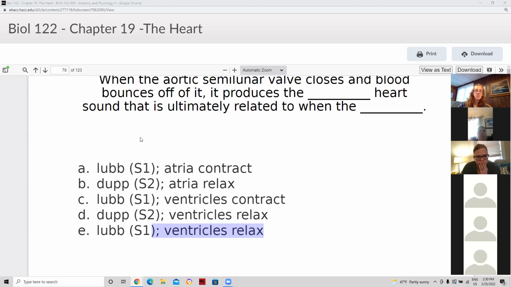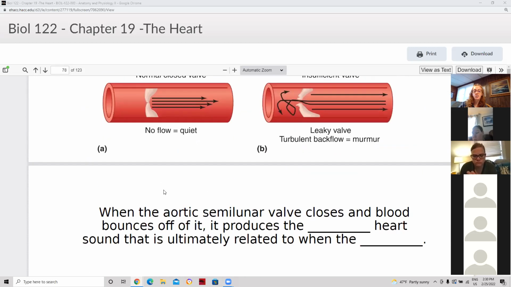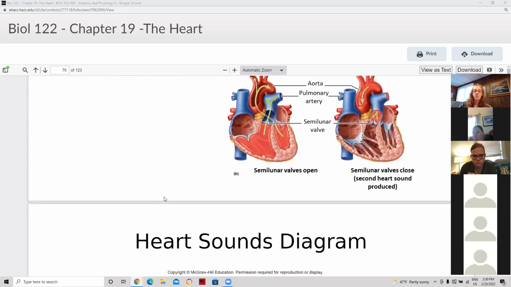So when the aortic semilunar valve closes and blood bounces off of it, it produces the what sound that is ultimately related to what? You guys, what causes the aortic semilunar valves to close?